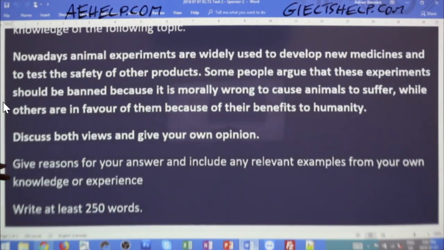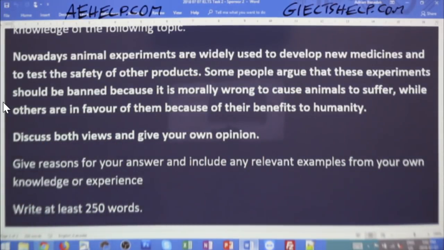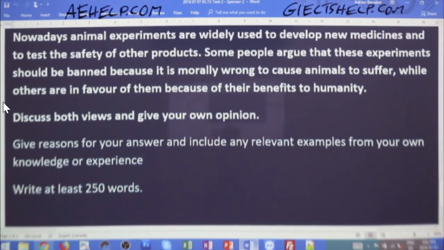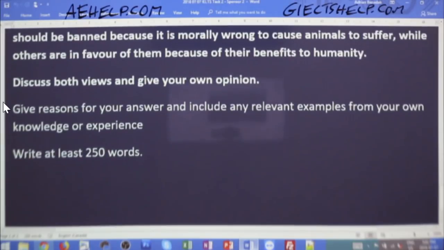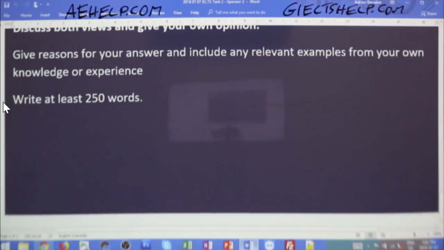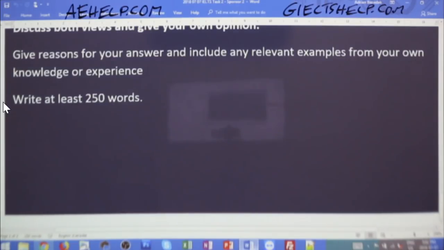Now, this question says, discuss both views and give your own opinion. Give reasons for your answer and include any relevant examples from your own knowledge or experience. And then it says, write at least 250 words. So it means it's minimum 250 words.